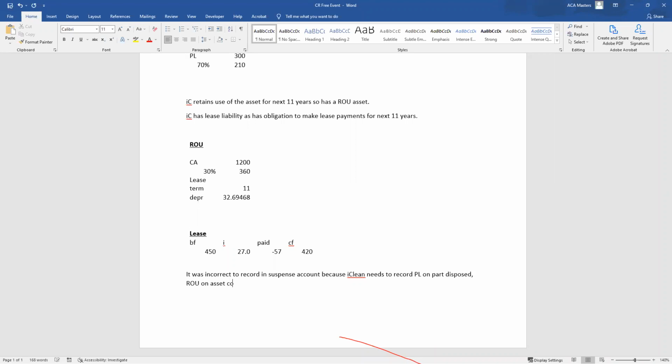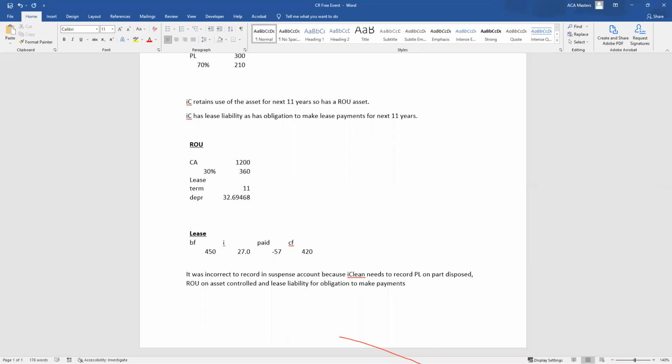Because of course, when a company controls a resource, that will be recorded as an asset, such as a right of use asset. So they need to record the profit or loss on the part disposed, a right of use asset on the asset controlled, and a lease liability for the obligation to make payments.